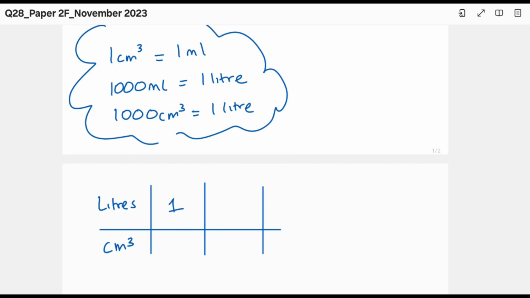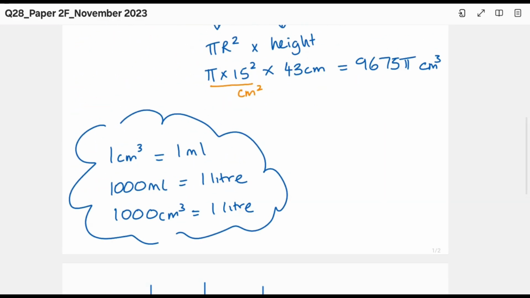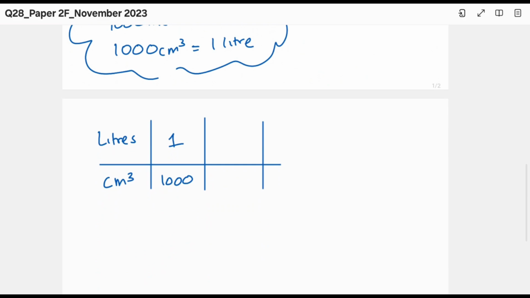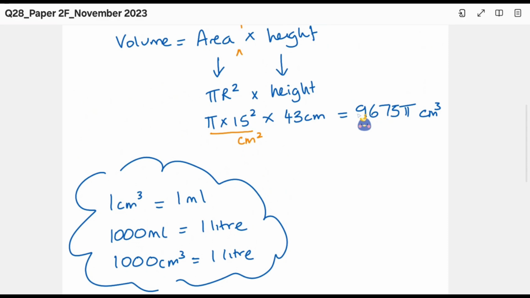We know 1 liter is 1,000 centimeter cubed. And we also know the volume of our cylinder, which is 9675 pi centimeter cubed. So I'm going to put that on my table here. When you're in the middle of a calculation, we don't need to convert this to decimal yet.